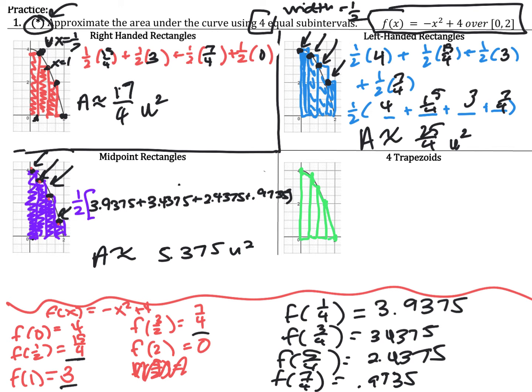So in case you've forgotten the area of a trapezoid, you find the area of the two rectangles that would be formed there and add them together. But what you do is you take 1/2 of the base on one side plus the base on the other side, and you multiply that by the height. In this case, since we're finding the area of 4 separate trapezoids, we're going to be multiplying 1/2 times the width, which is 1/2.